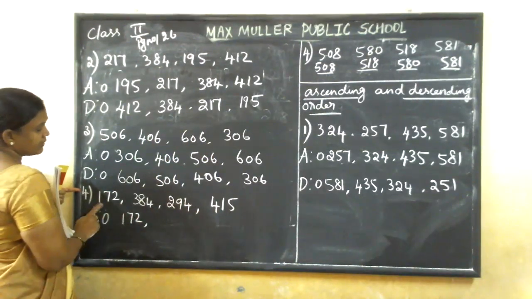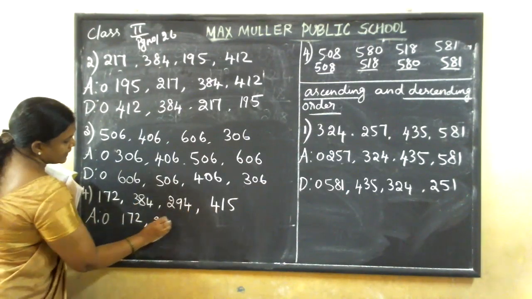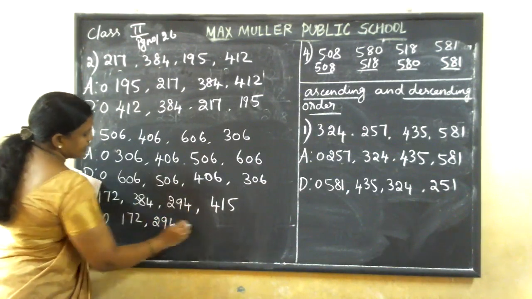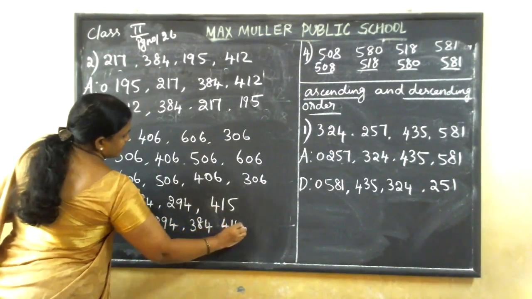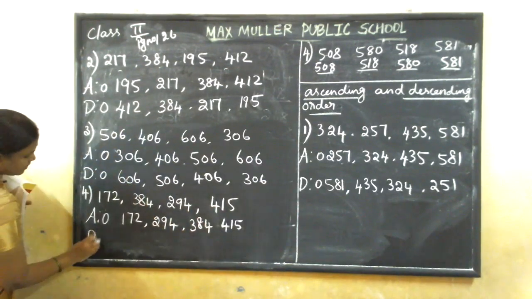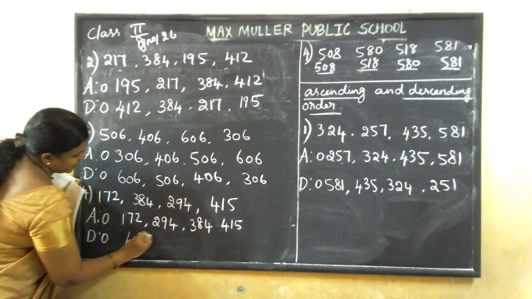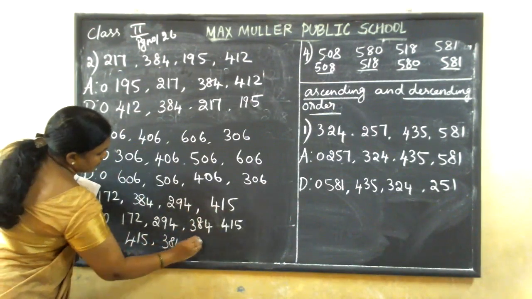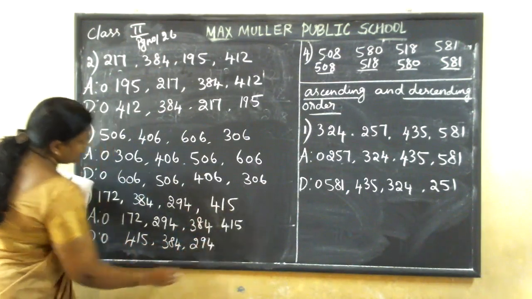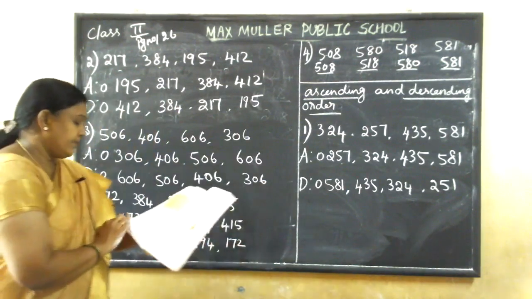After that, leave this number, 3, 2, 4. 294. After that, 384. 415. Descending order: 415, 384, 294, 172. We finished.